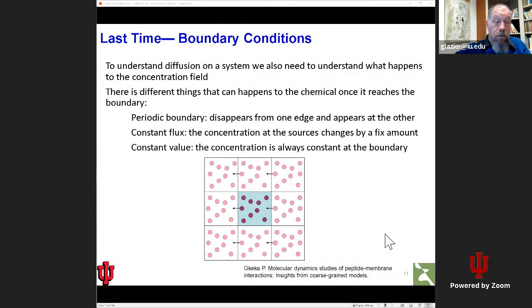We also talked about boundary conditions. We have to know what happens at the edges of our box. The simplest thing would be to assume that there are no chemicals moving outside of the boundary. And if I were in a test tube, the chemicals in my test tube shouldn't be crossing the glass, at least if I've picked the glass properly.